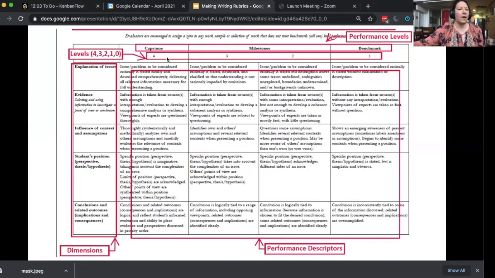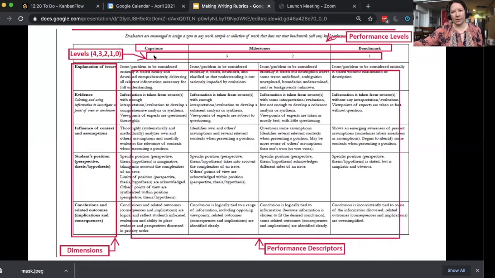Up here, you have the performance levels. In this case they are numerical, but if you're using this in the classroom, you may have them be grading levels, A, B, C, D, that kind of thing. You may have them be a certain number of points.